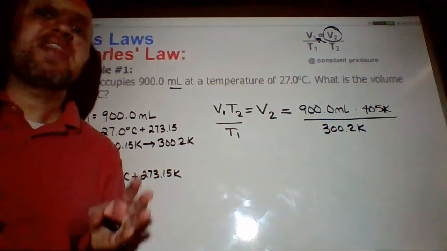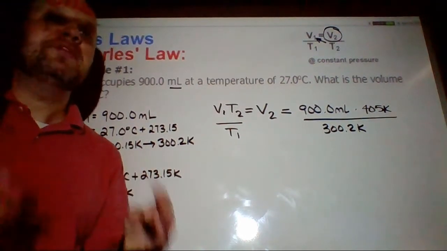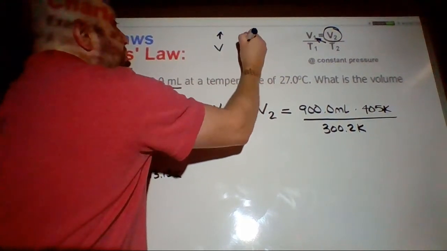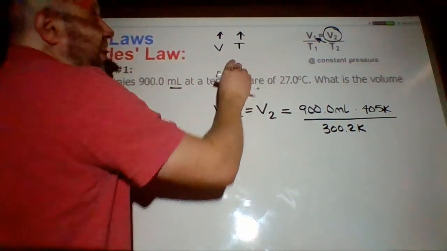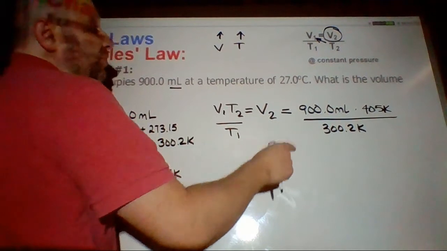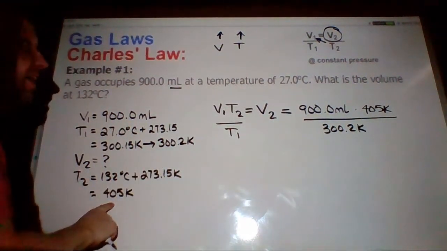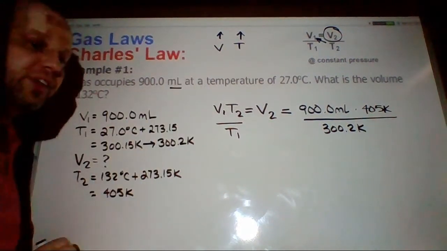So, we said that the relationship between volume and temperature was direct, meaning as temperature increases, as it goes from 300 to 405, we should also see an increase in volume.